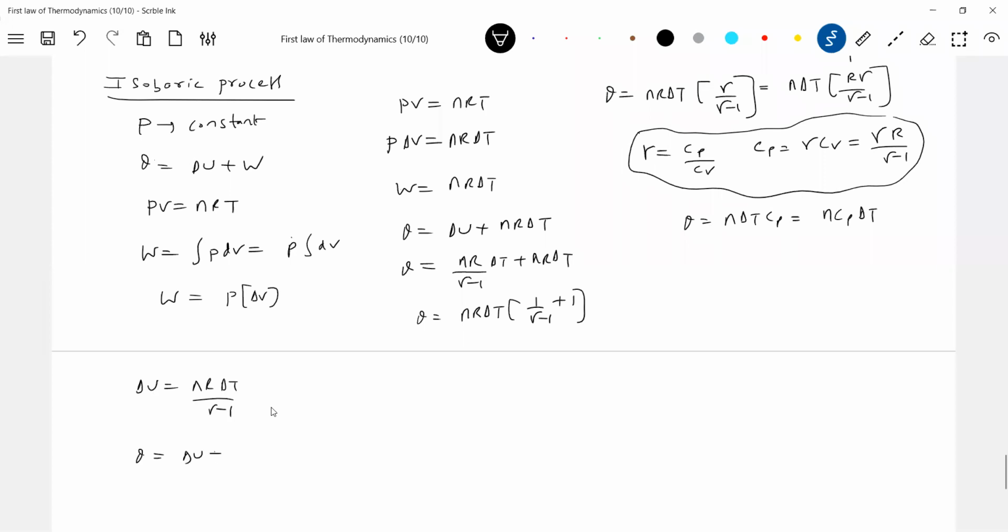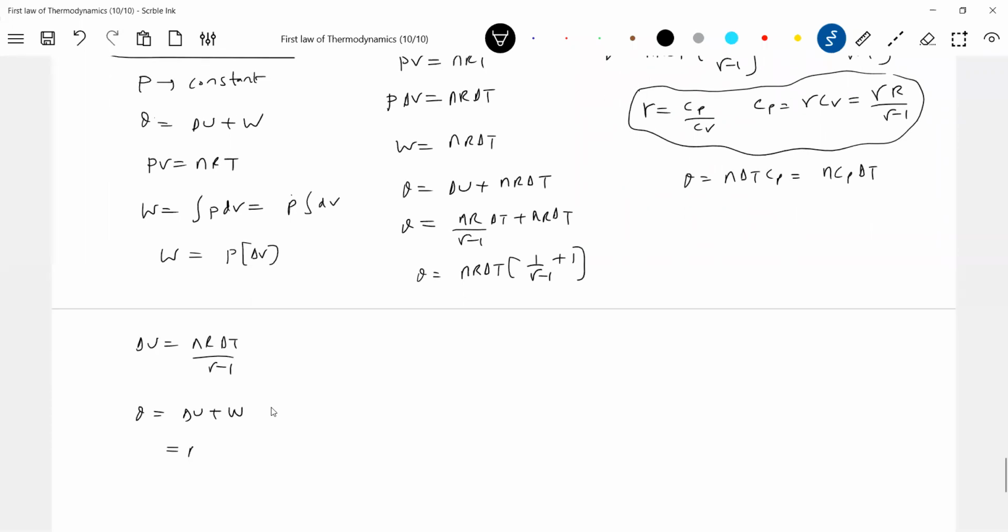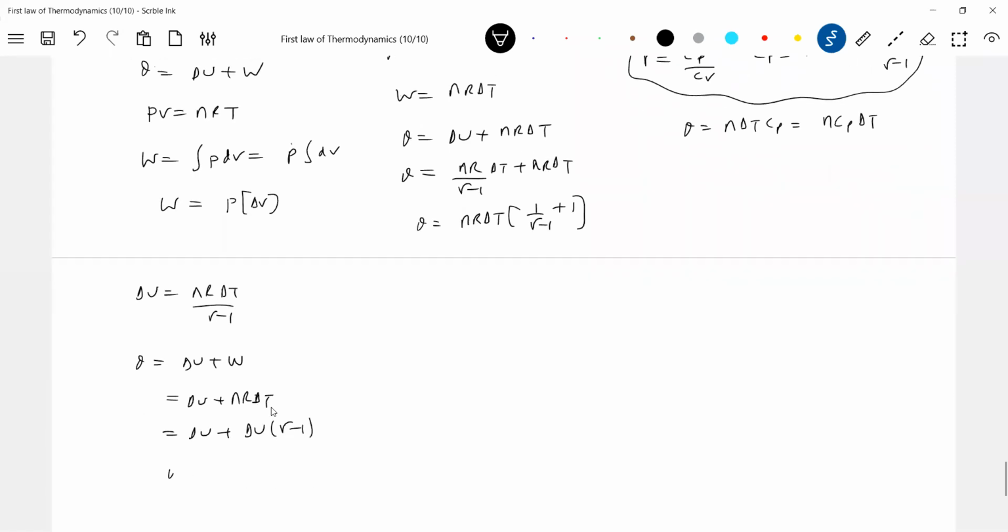As we know, Q equal to delta U plus W, and nR delta T I can write as delta U gamma minus 1. Very important numericals, plenty of numericals. Every time you need to derive. In isobaric process, how are Q and delta U related? Q equal to gamma delta U. One more formula, Q equal to nCp delta T. There's one more formula.